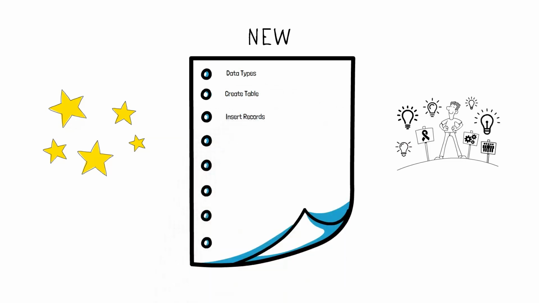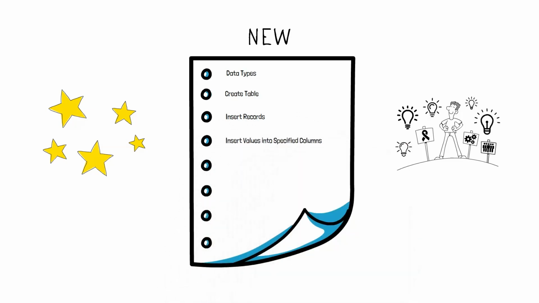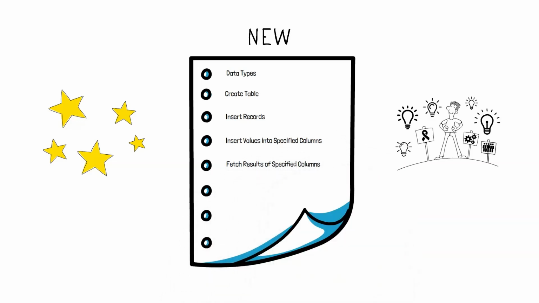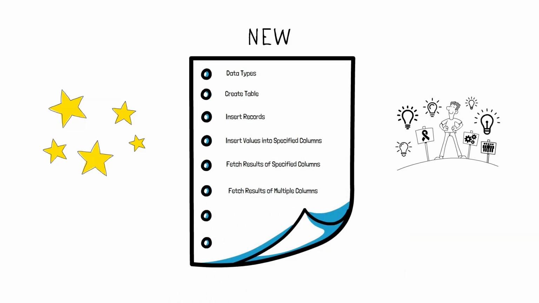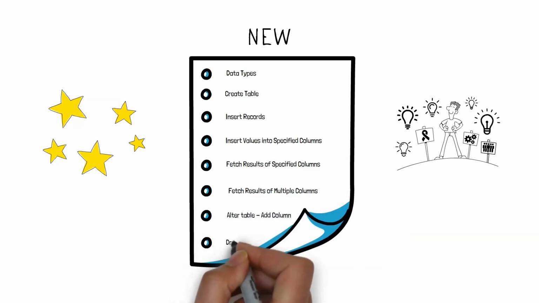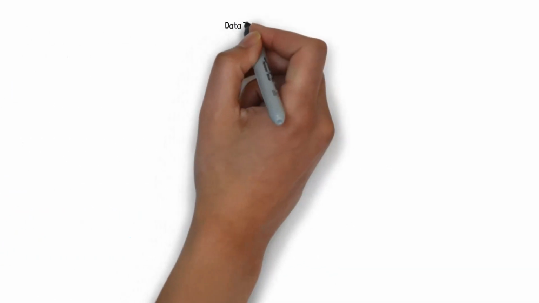Then insert records, insert values into specified columns only. Fetch results from the specified column, multiple columns, all columns. Alter commands for adding a column and dropping a column, etc. Okay, so let's begin. First step, data types.